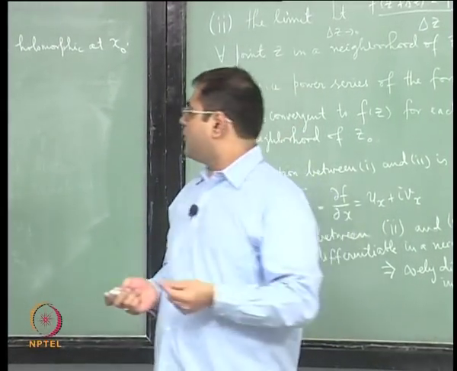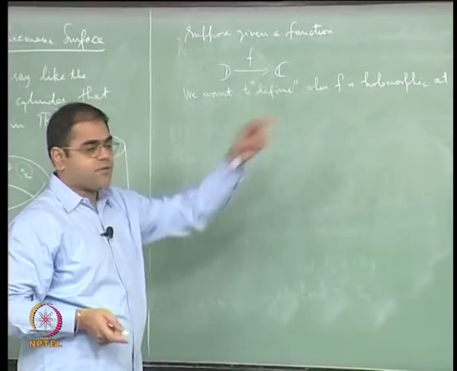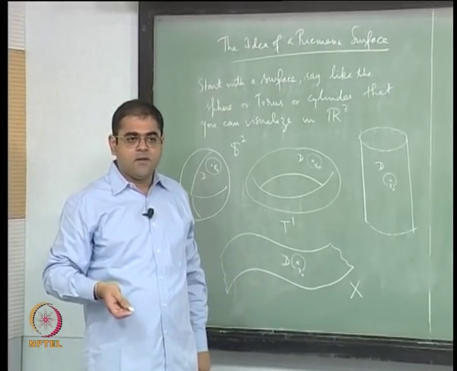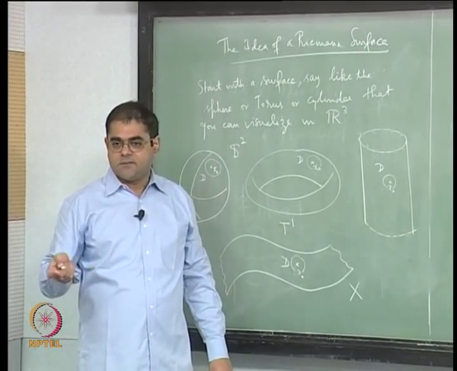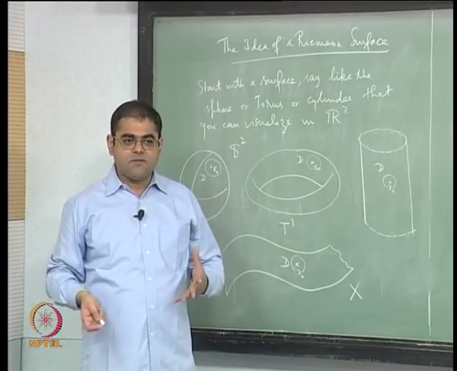So how do you define f to be holomorphic at x0? Or more generally, how do you define f to be holomorphic at every point on D if you want? There is a very easy way of doing it, which is also very natural, very intuitive.